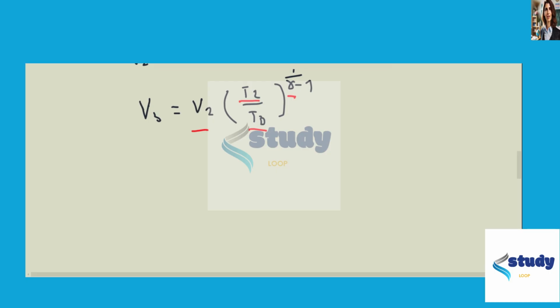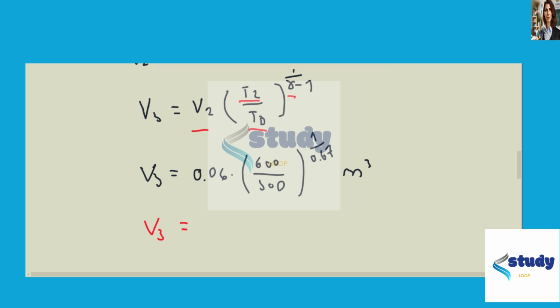So V3 equals 0.06 meters cubed times 600 over 300, in Kelvins, but Kelvins cancel out, to the power 1 over 0.67. The final answer is that the volume V3 equals 0.17 meters cubed.